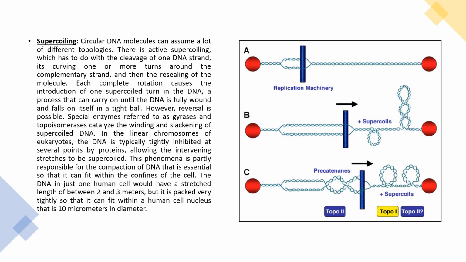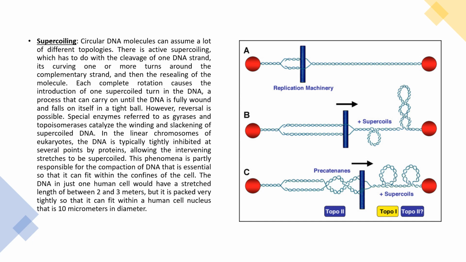In the linear chromosomes of eukaryotes, the DNA is typically tightly held at several points by proteins, allowing the intervening stretches to be supercoiled. This phenomenon is partly responsible for the compaction of DNA that is essential so that it can fit within the confines of the cell.